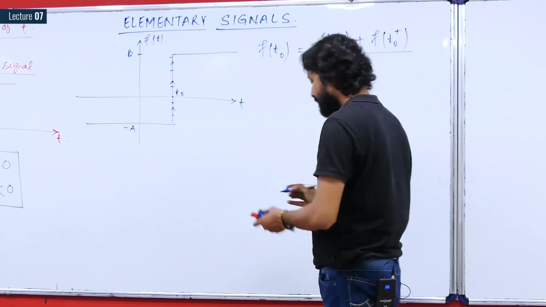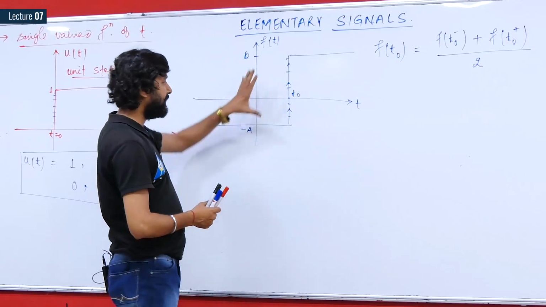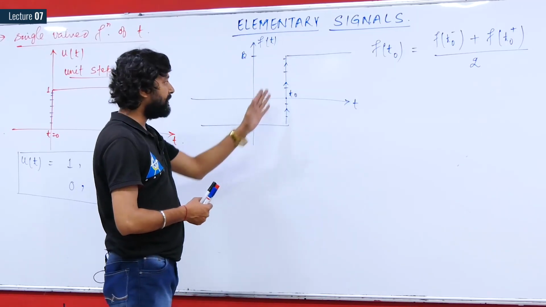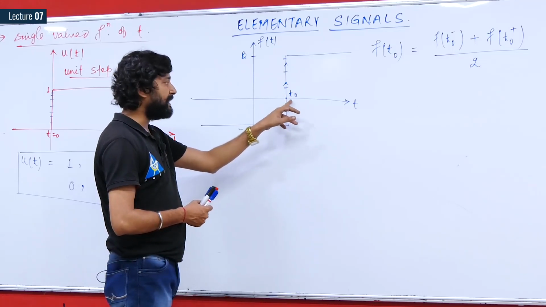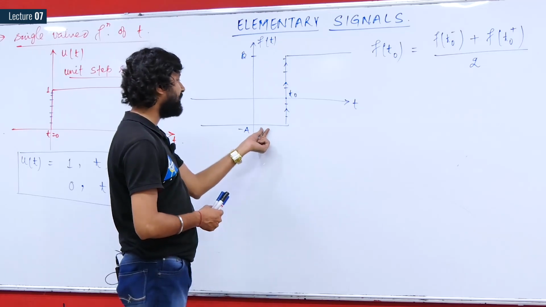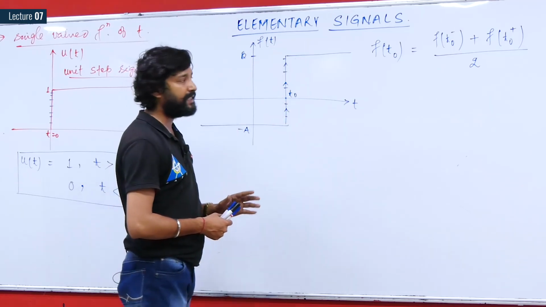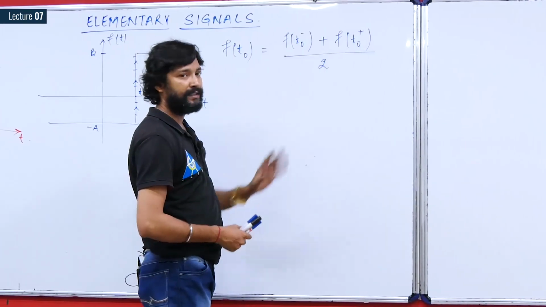That is, if there is a finite discontinuity, that is, the value is changing from one constant value to another constant value, then at the point of discontinuity you can define or approximate the value at t equals to t naught by taking the average of the value just before t naught and just after t naught, which is represented by f of t0 minus plus f of t0 plus, divided by 2.